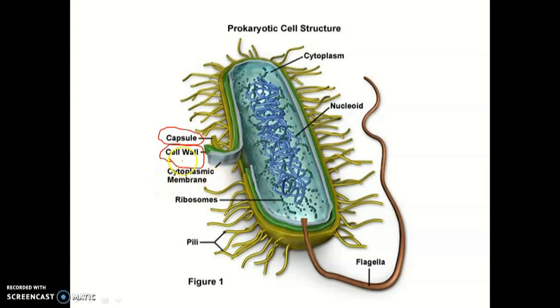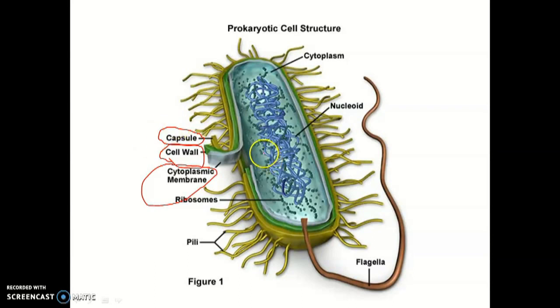Next, moving toward inside, we will face a cytoplasmic membrane. Cytoplasmic membrane is a semi-permeable membrane, and it's made up of phospholipids, and it acts as a selective barrier which separates the cell from its exterior.